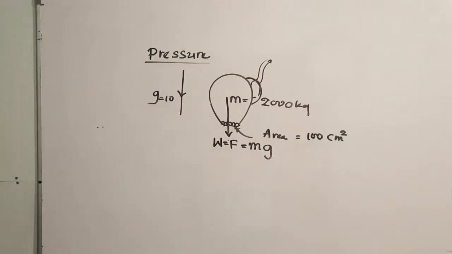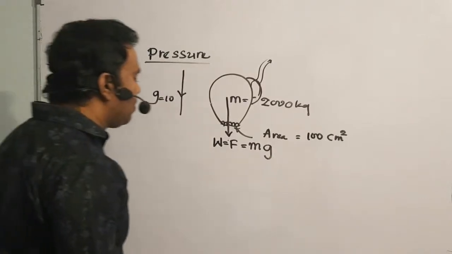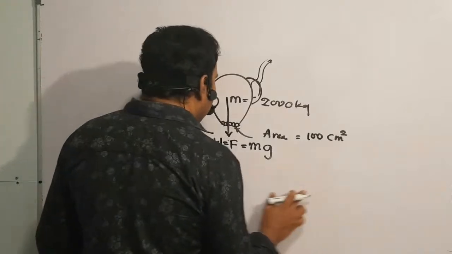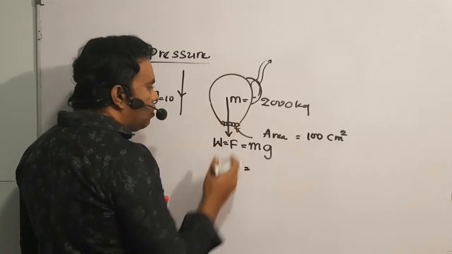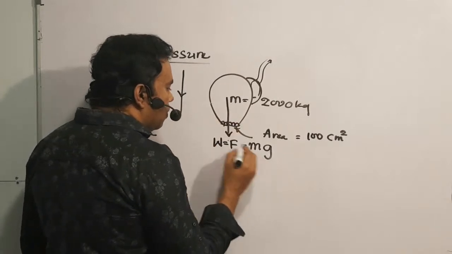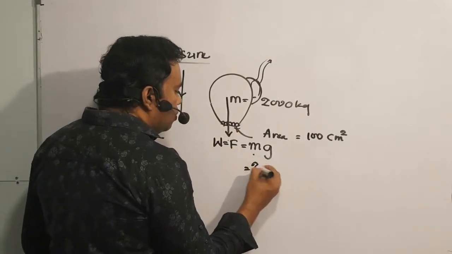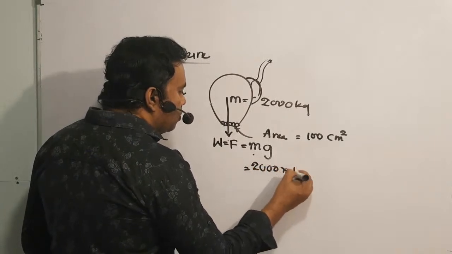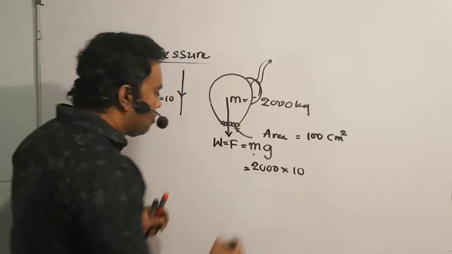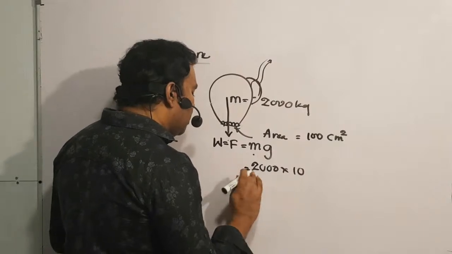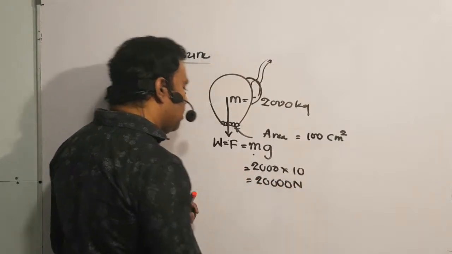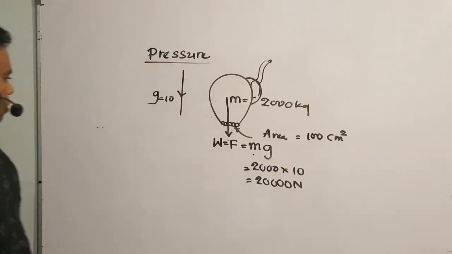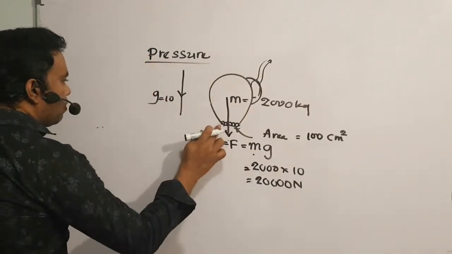Weight equals force, force equals mass into gravitational acceleration. Then you can find the weight or downward force here. So that's 2,000 into 10. The weight of this elephant is 20,000 newtons.